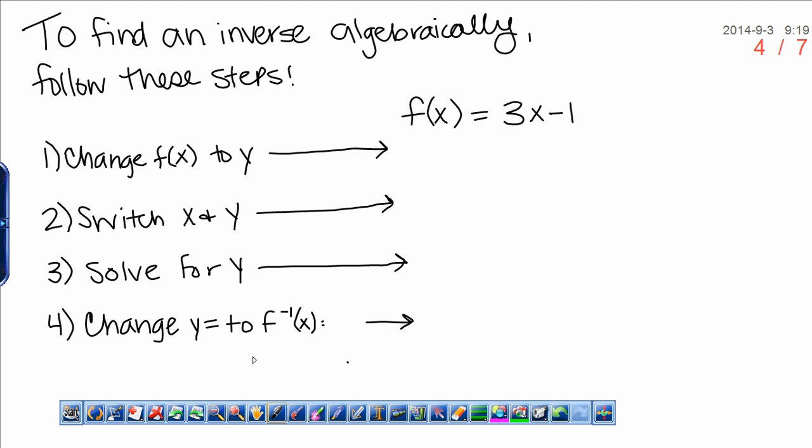Okay. To find the inverse algebraically, meaning I give you a function, you're going to follow the same 4 steps. These same 4 steps will be the same as we move through this entire year.